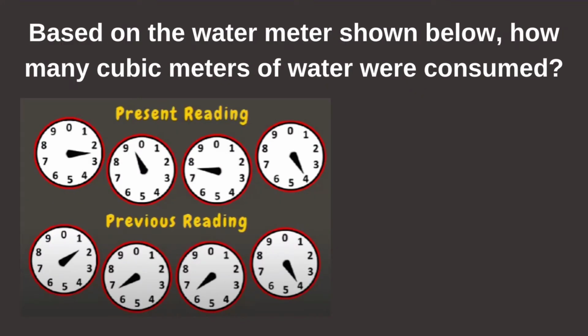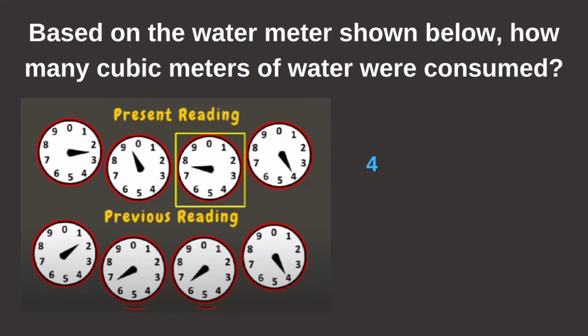Let us read the present reading. Let us start from the rightmost dial. We can see that the pointer points exactly at 4, so that will be our dial D. Next, it points between 7 and 8, so we'll record the smaller one, which is 7.